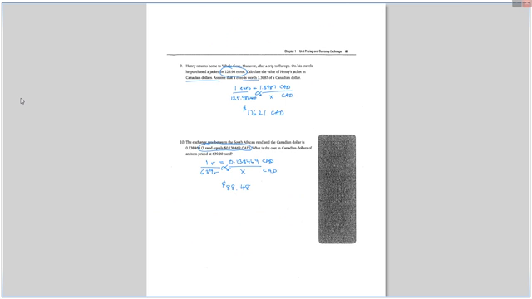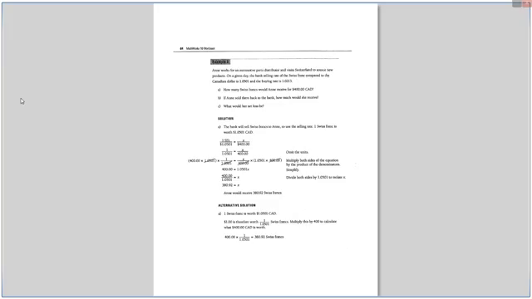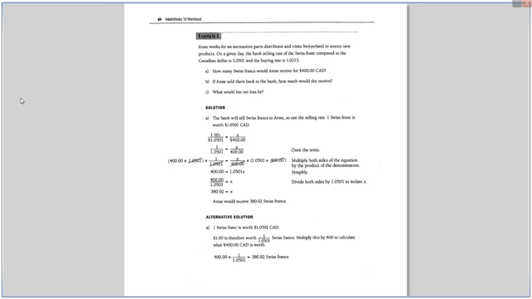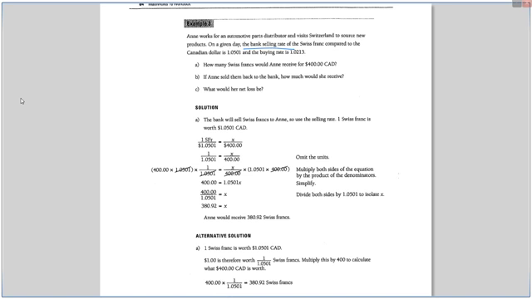All right. This next question involves the bank selling rate and the buying rate. So these are a little bit different.